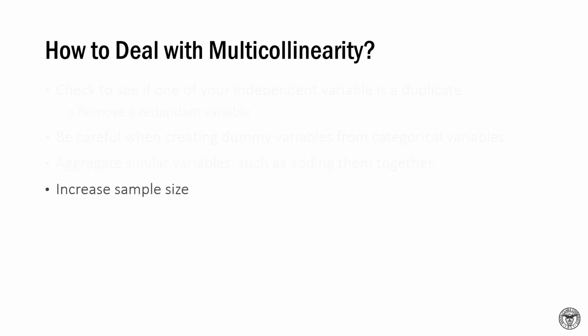Fourth, increase sample size. Increasing the sample size can improve the accuracy of the regression model by reducing the standard error of the coefficients and increasing the statistical power of the analysis. A larger sample size can also help to reduce the impact of the outliers and improve the generalizability of the result.